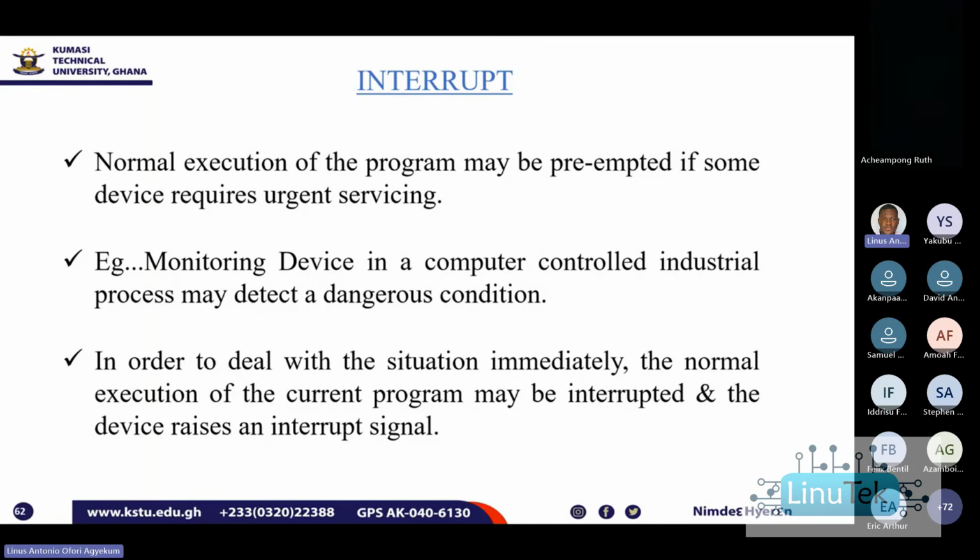Example, let's take a monitoring device in a computer-controlled industrial environment. Let's say, for instance, in a company like Coca-Cola, where they manufacture drinks, and then they have a system that fills their bottles.